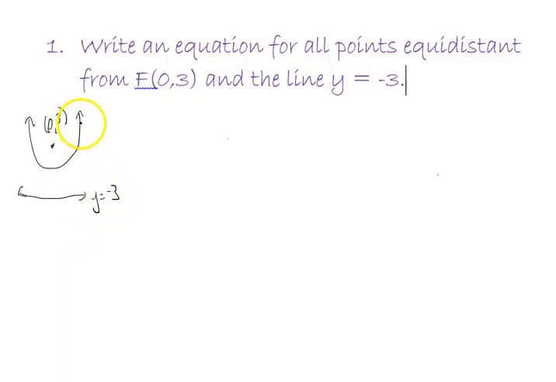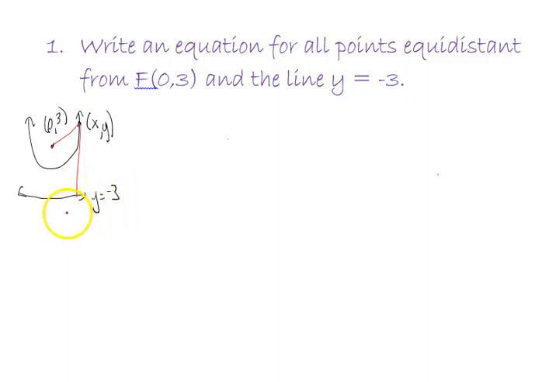And so if you pick any point x, y on this graph, then again, this distance here has to equal this distance here. So what else do we know? If this point that it touches on the line of the directrix, what do you know?